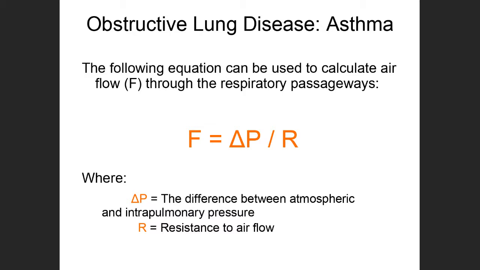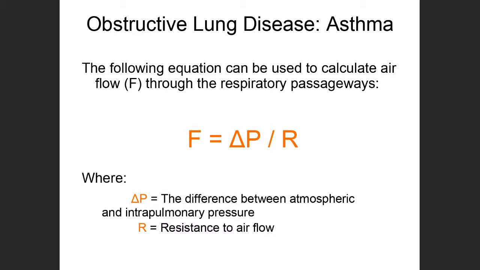Basically, the formula is this: airflow, or F, so this is the volume of air that's moving through a passageway, is equal to triangle P. So this is the difference in pressure. And when we're talking about a difference in pressure, obviously we've got to have two pressures. So the difference in pressure between the atmospheric pressure, which you'll remember is the pressure outside of the body, and the intrapulmonary pressure, which is the pressure that's inside of the lungs.